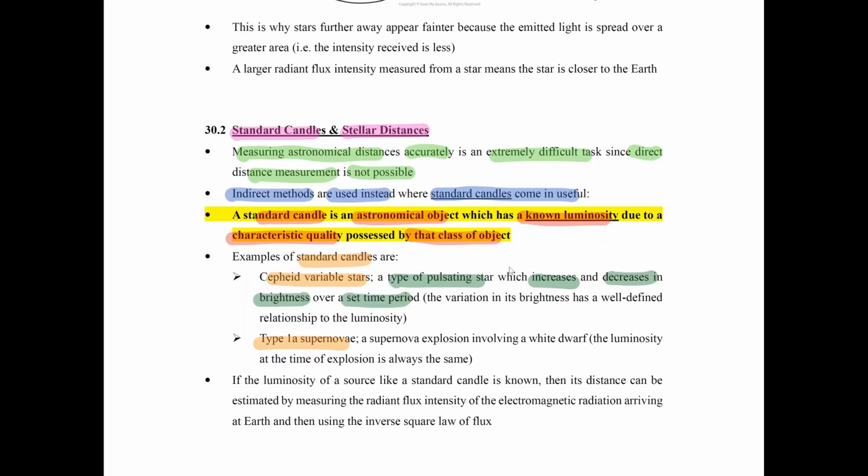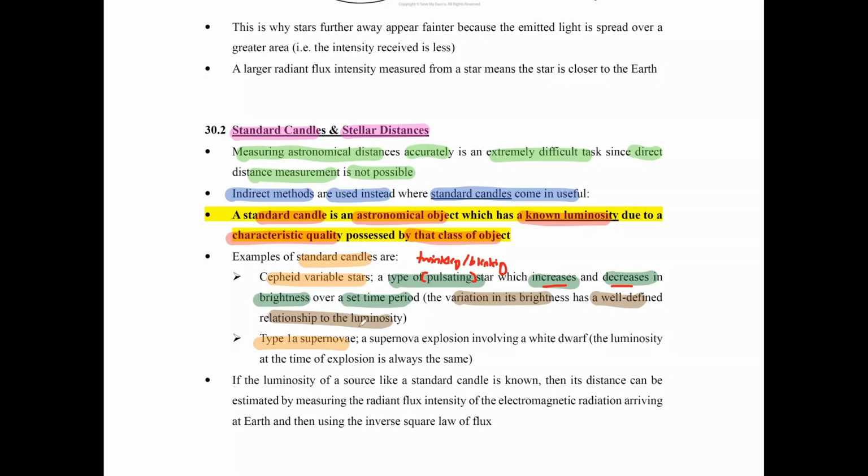Now, when you see pulsating star, it actually means that the star is twinkling or blinking. In other words, the brightness will increase or decrease with time, and from there, scientists found that the variation in its brightness has a well-defined relationship to the luminosity. That was what allowed them to know the luminosity of a Cepheid variable star.